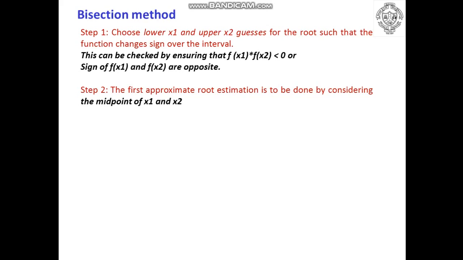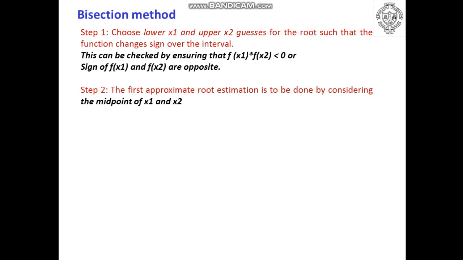Now let us consider the various steps involved in the bisection method. Step 1 is to choose the lower guess as x1 and the upper guess as x2, which are nothing but the lower bound and upper bound, which we studied in the graphical method. So these are two initial guesses, x1 and x2, you have to select for finding the approximate root, such that, and this statement is very important, the function changes sign over the interval.